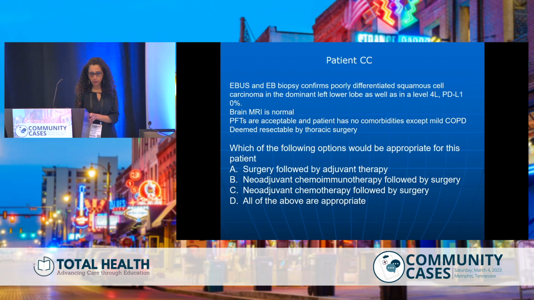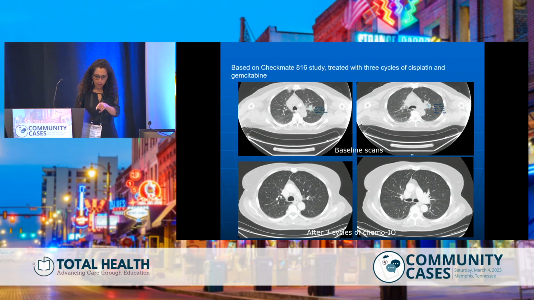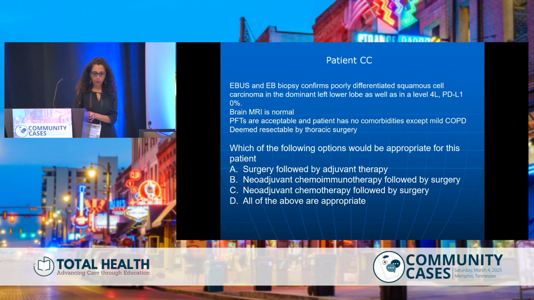And there's another station, a hilar node as well. So there are 2 stations, and based on current data, even if the surgeons say they can operate for N2 disease, I think overall most institutions agree that some type of neoadjuvant therapy is necessary.